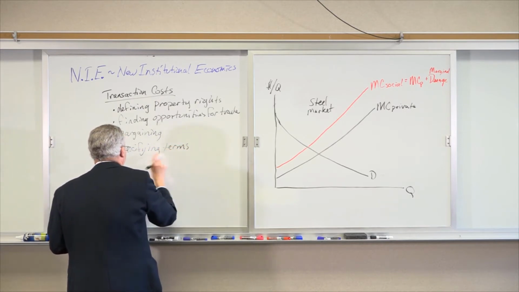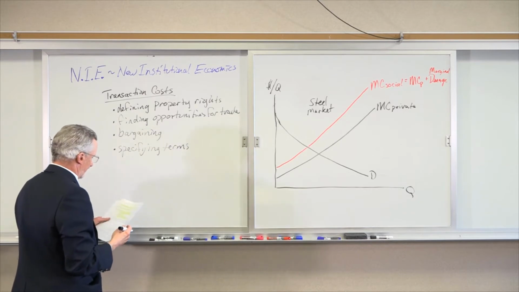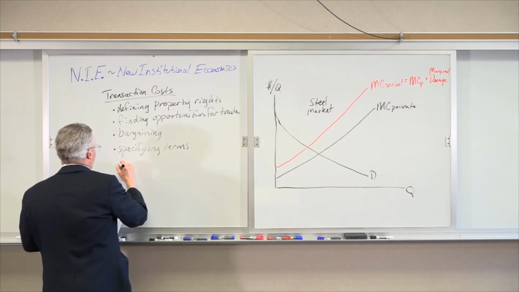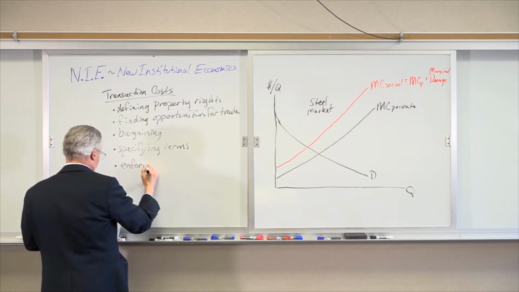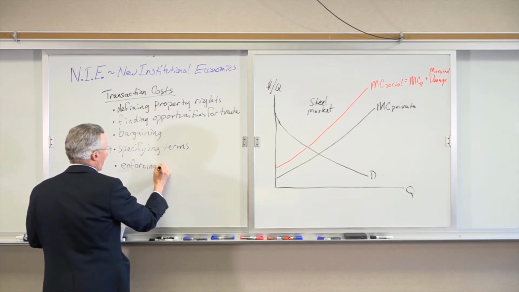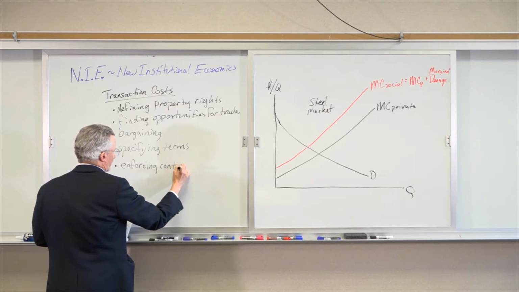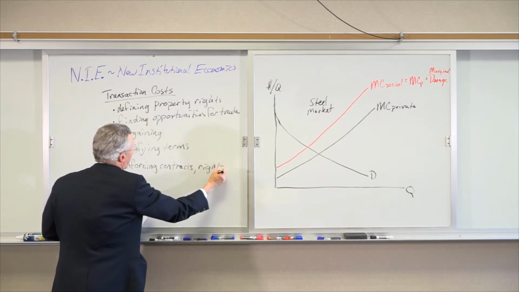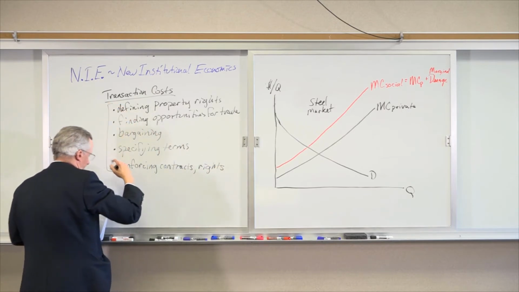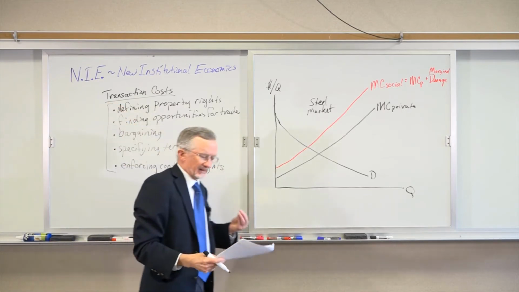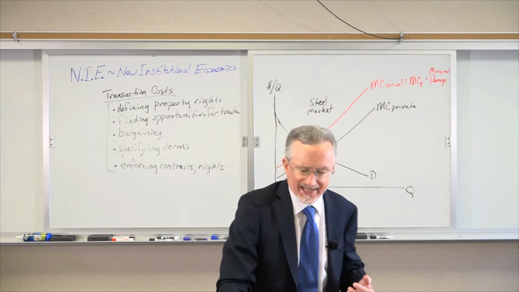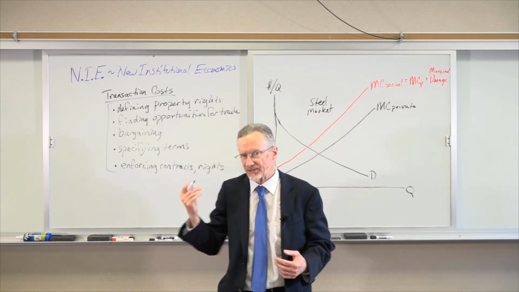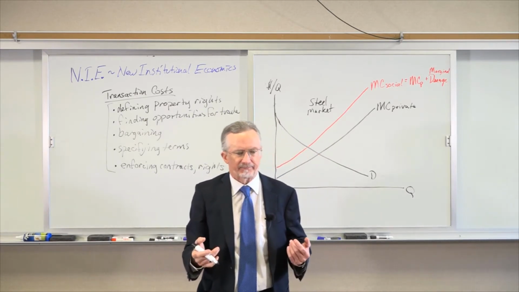Recall that that was a problem for the Soviets with their success indicator problem. And then problems of enforcing contracts and rights more generally. And transaction costs are involved in all of the costs of all of those. So all of this is about defining, establishing, and then transferring property rights.